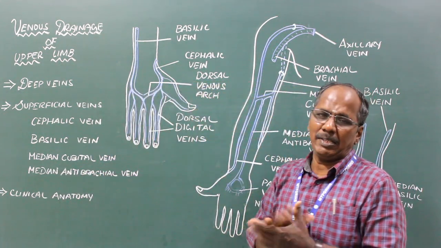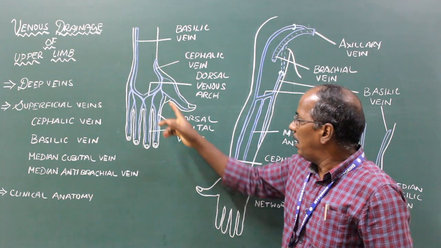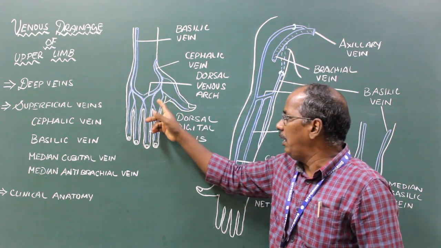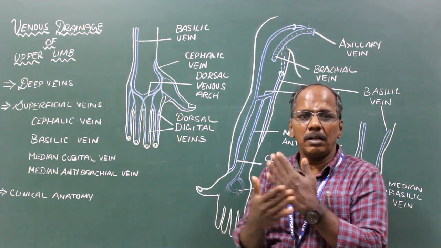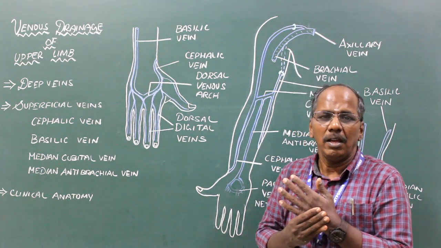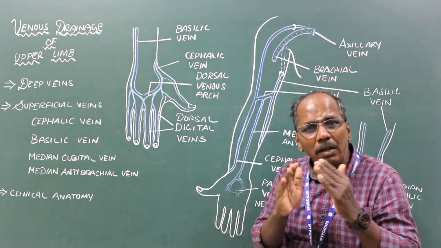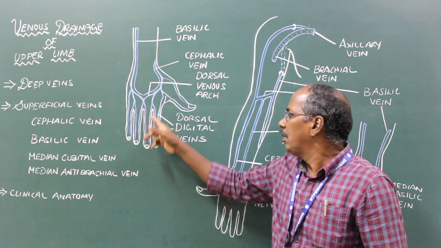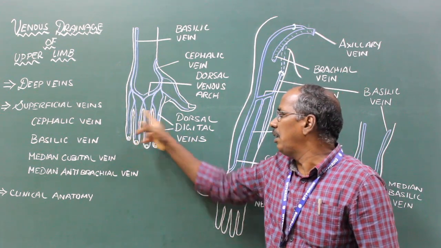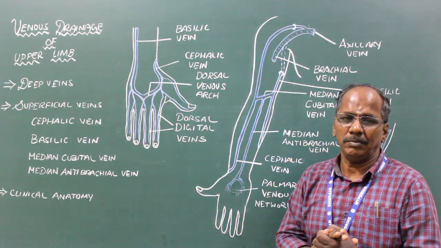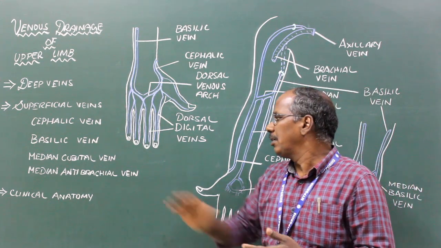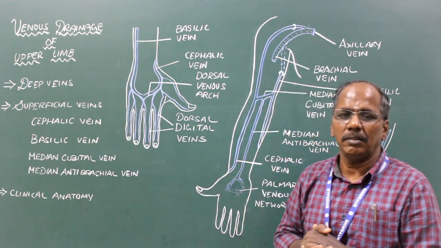Dorsal venous arch. It is a network of veins present on the dorsum of the hand which is formed by the union of dorsal digital veins. Cephalic vein.